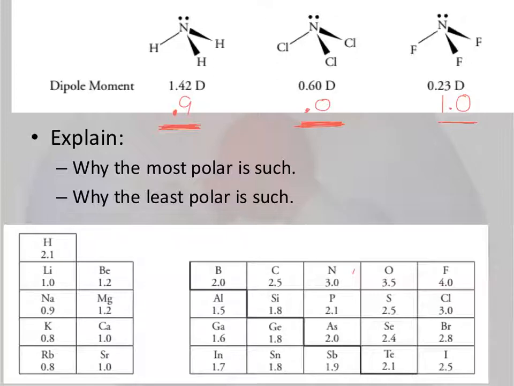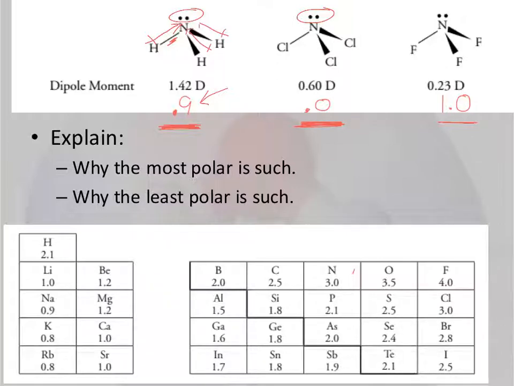The other thing that you need to take into consideration is these lone pairs. They all have lone pairs, right? This value is only telling us the pull in this bond right here. It's telling us that there's a large difference between hydrogen and nitrogen's pull, so nitrogen is really pulling the electrons in the bond towards itself.